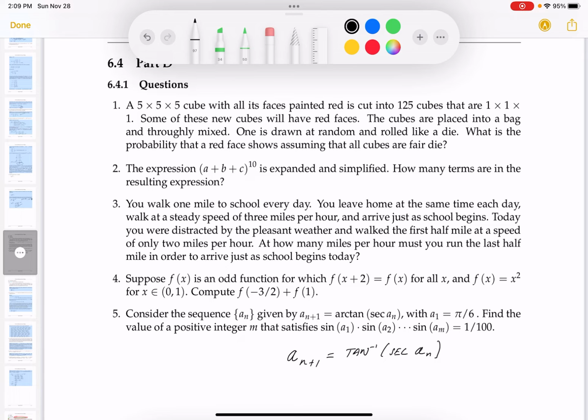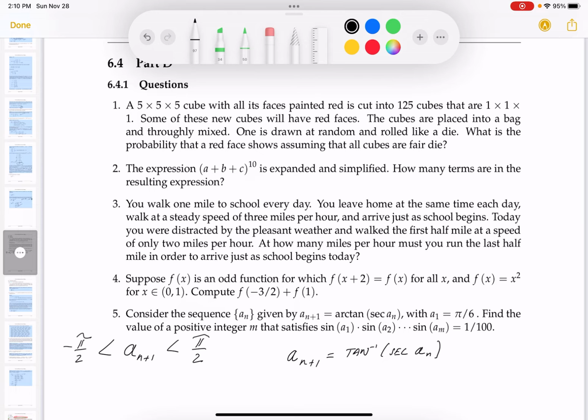Before I go anywhere on this one, I want to point out that you should know what the arctan can return to you. So A_{n+1} has got to be between minus pi over 2 and pi over 2. That's where the arctan is going to return numbers.